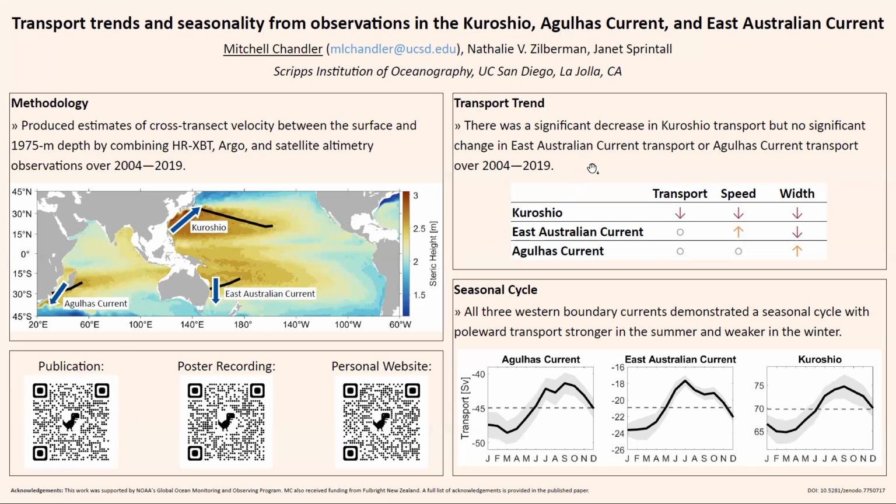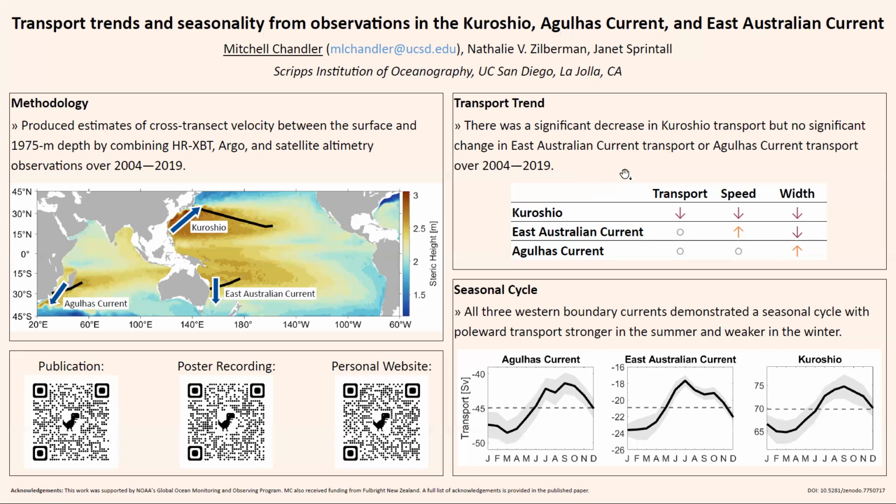So using the 16-year geostrophic velocity time series, I computed cross-transect transport. This transport is of just the poleward flowing western boundary current, and so it ignores any potential recirculation features that may be present.